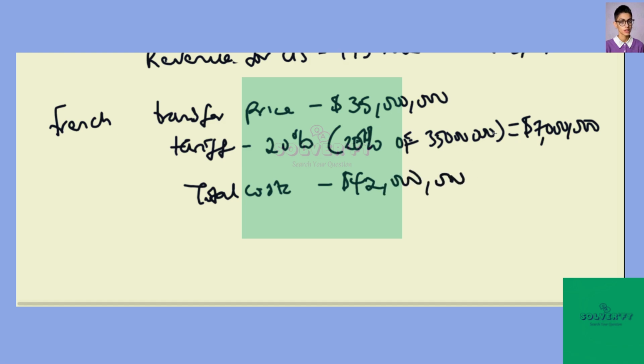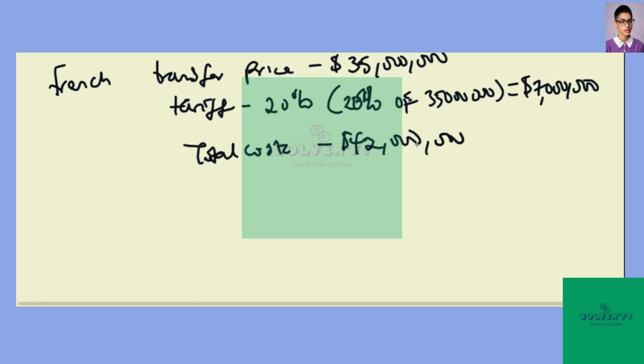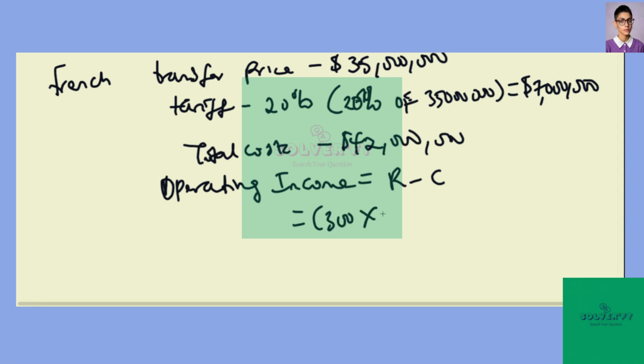Now the operating income is revenue less cost, and the revenue is $300 multiplied by 200,000.